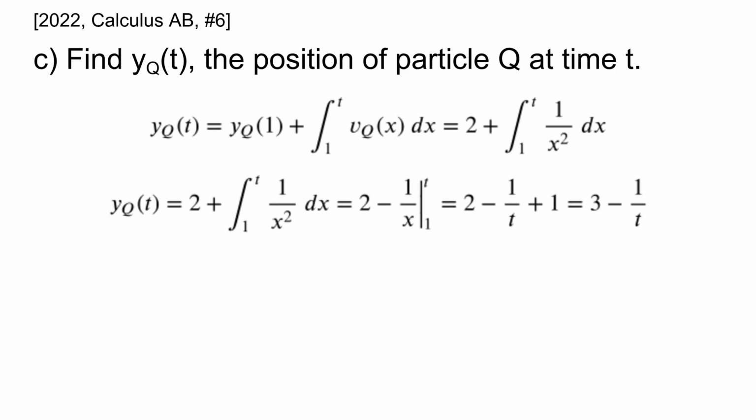So y sub q of t is equal to 2 plus the integral from 1 to t of 1 over x squared dx, which is 2 minus 1 over x evaluated between t and 1, which is 2 minus 1 over t plus 1, which is just 3 minus 1 over t.